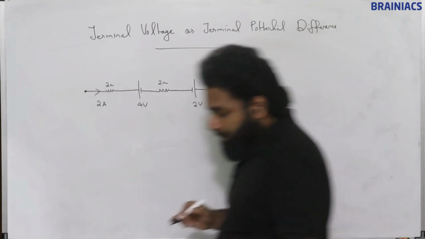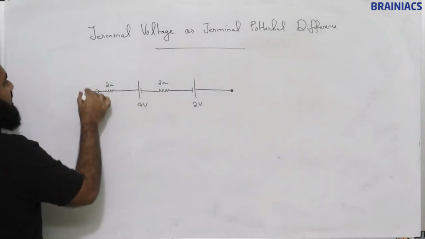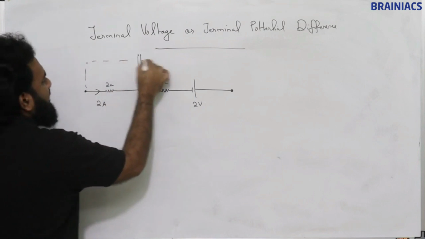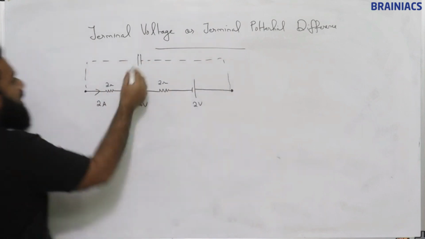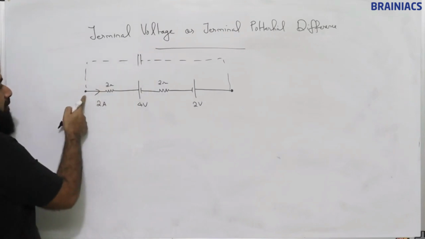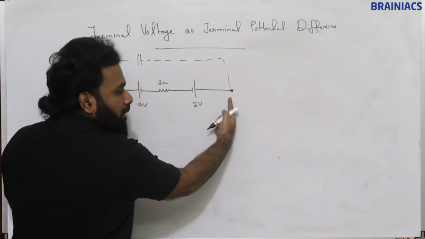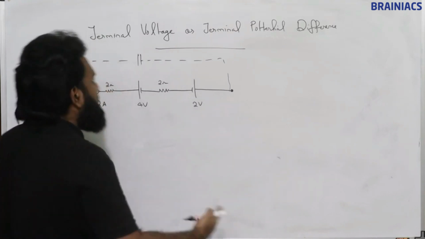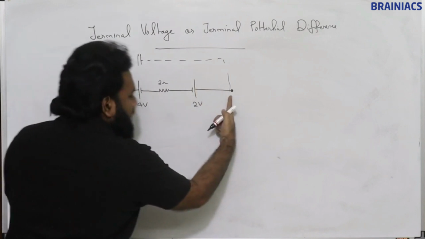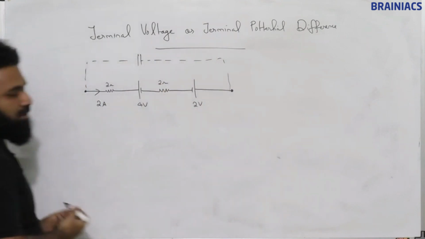Say for example, you have already studied about the capacitor. Suppose a capacitor is connected like this, then what will be the voltage across the capacitor? The voltage across the capacitor will be the voltage across this terminal only. Q is equal to CV. When you find the voltage across these two terminals, that voltage will be applicable for this capacitor also.